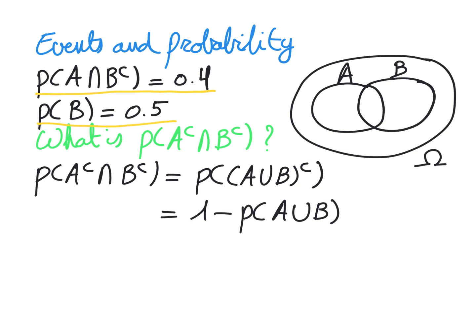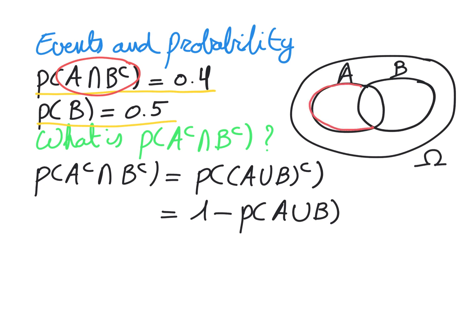Two things are given. Let's take a look at the first one, the probability of A intersection B complement. What exactly is this event? Where is it located in the Venn diagram? Well, it contains all outcomes that are in A and not in B, because it's the events that are in A and in B complement, so not in B. So where is this event located in the Venn diagram?